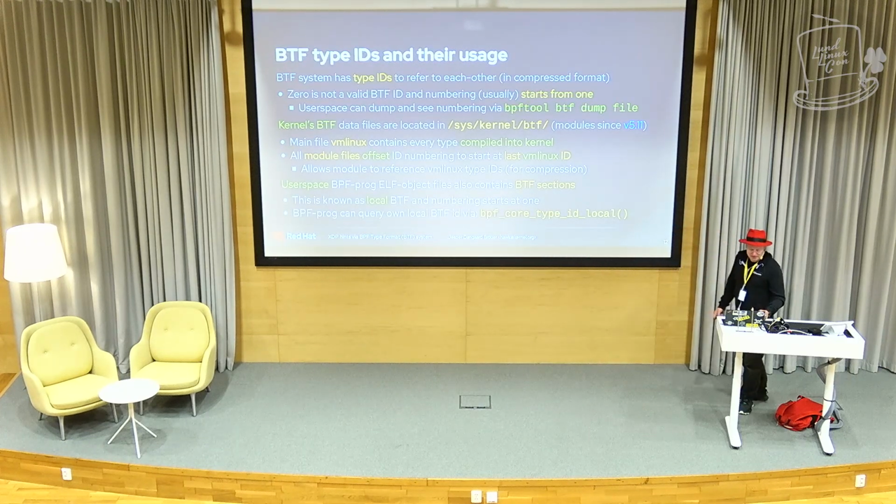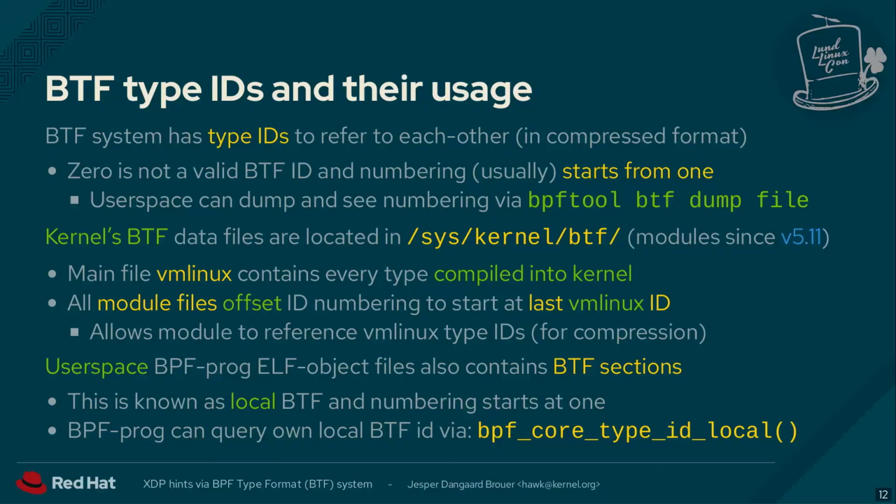So we have these type IDs, and they basically refer to each other. The IDs are generated basically when the kernel boots, but they could also be determined from the vmlinux file because it's loaded in a specific order. The 0 is not a valid ID, and they start from 1.